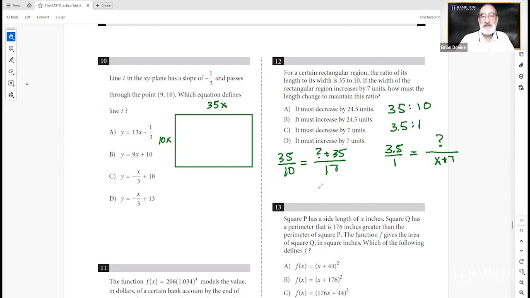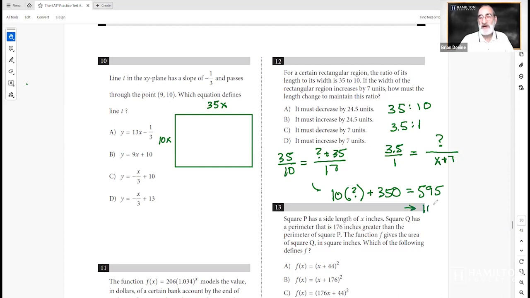Well, I can take that thing and I'm going to end up with 10 times my mystery number plus 350 has to equal then 17 times 35, which is 595. I take away 350 from both sides.